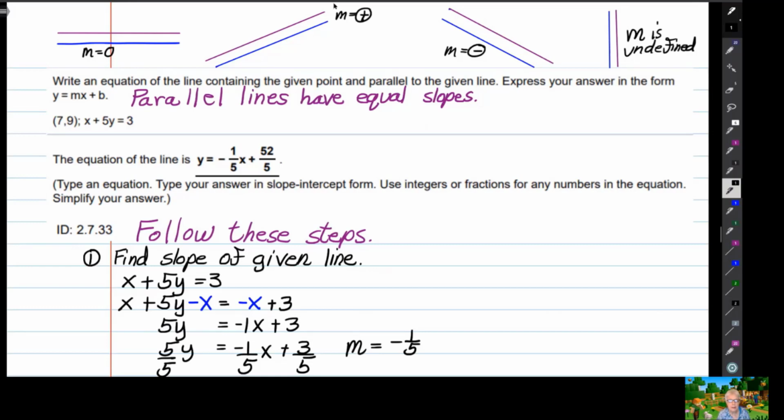Write an equation of the line containing the given point and parallel to the given line. Okay, what this means is there's a line somewhere that's parallel to this line right here. And that other line that we're finding goes through this point.